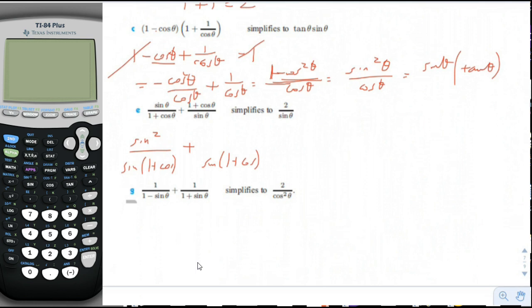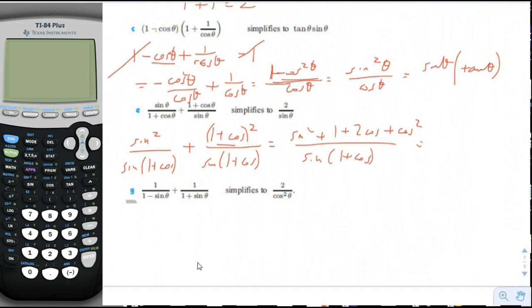So the top would be sine squared plus 1 plus cosine squared. Let's do FOIL on this part. So we'll have sine squared from the first one, and then we'll have 1 plus 2 cosine plus cosine squared. And then on the bottom we'll have sine times 1 plus cosine.